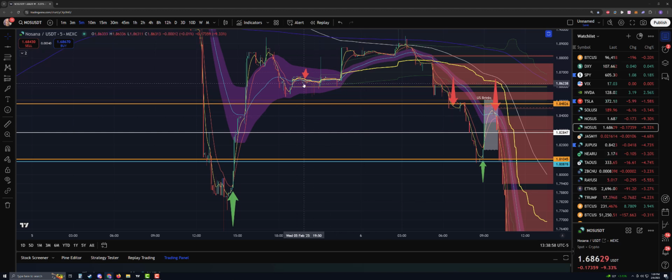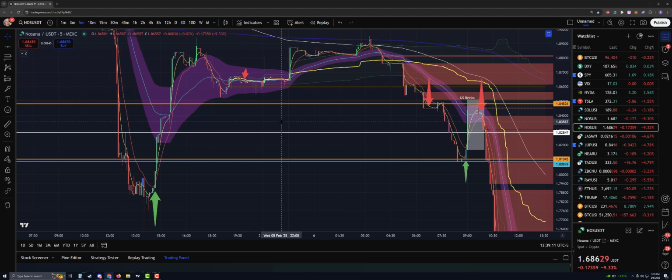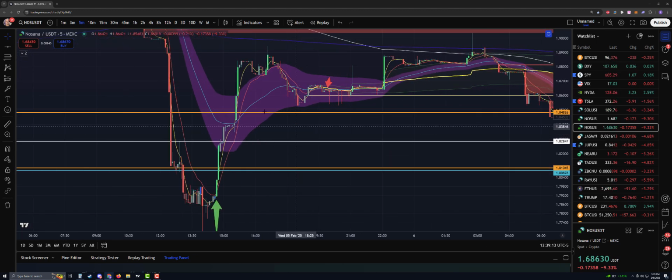So if I lose a little bit on a trade, then I'm okay with it. I was not near my computer when this moment happened. I would have preferred to enter here, but I wasn't here.